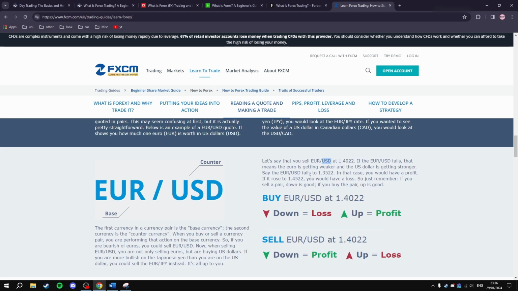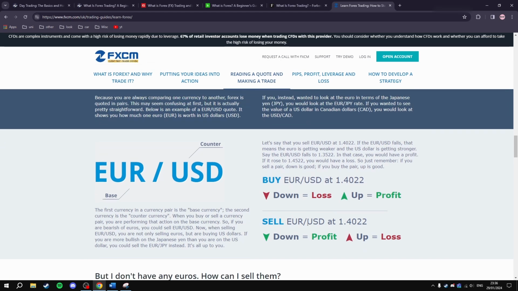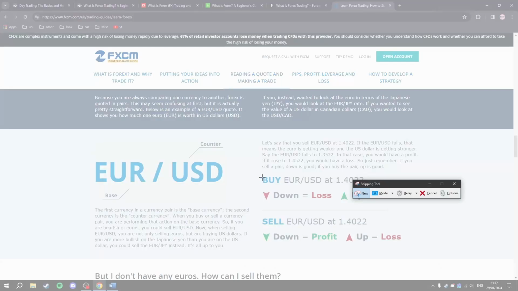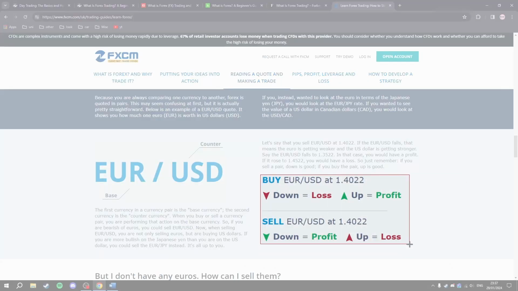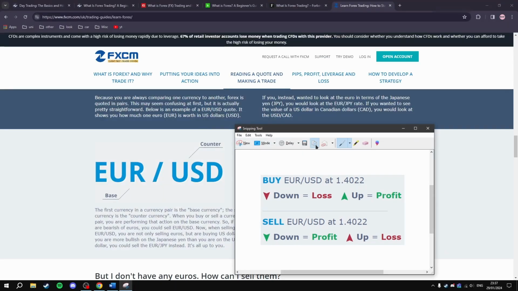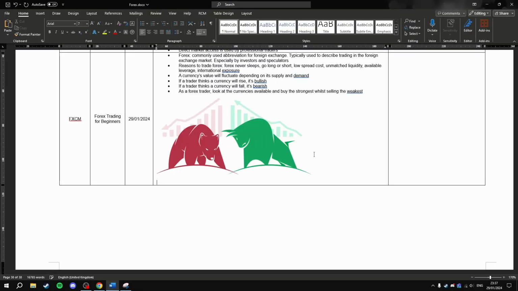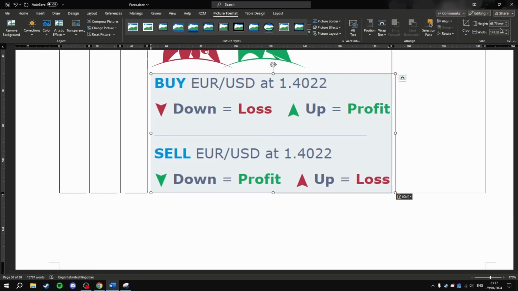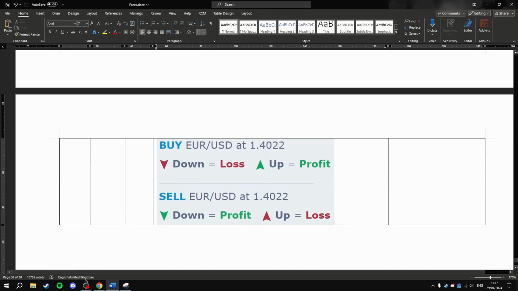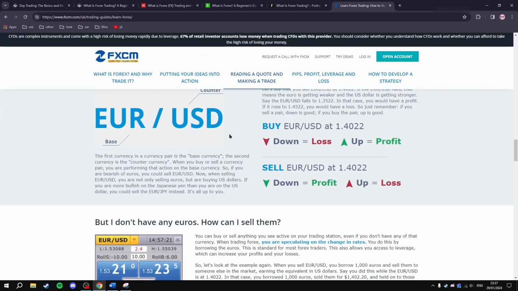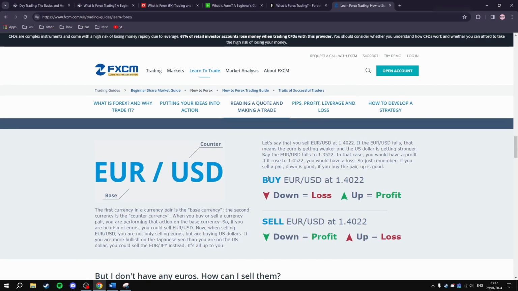If it rose to 1.4522... Right, okay. My brain's still getting confused with this part right here. So let me just reread this again.